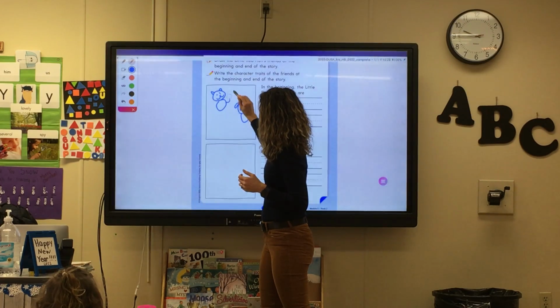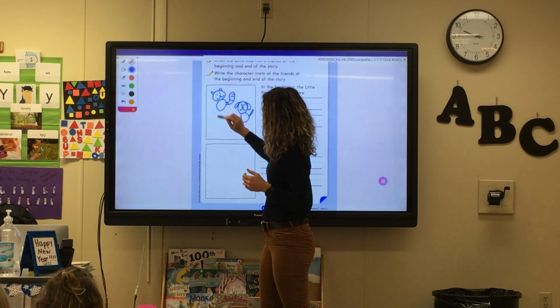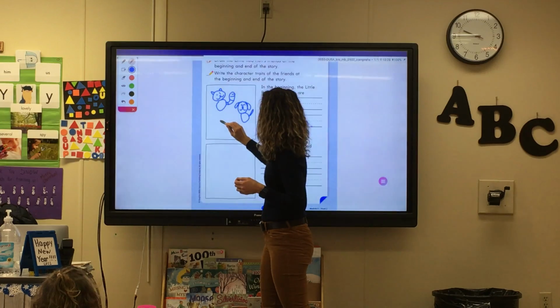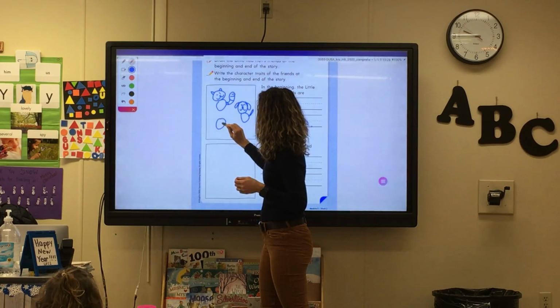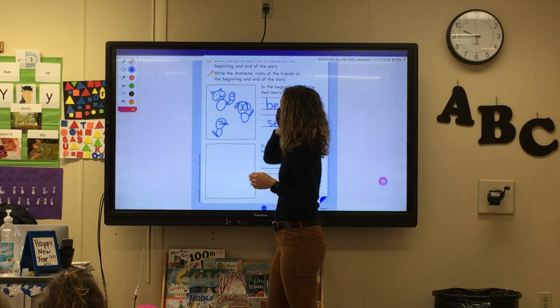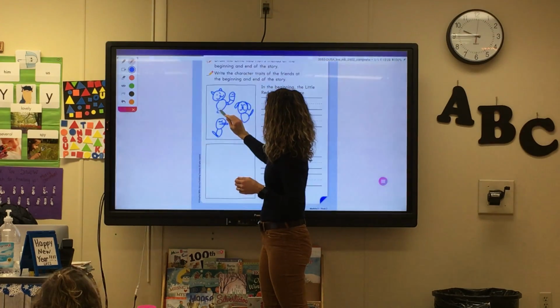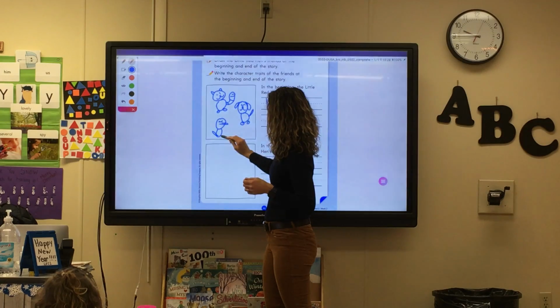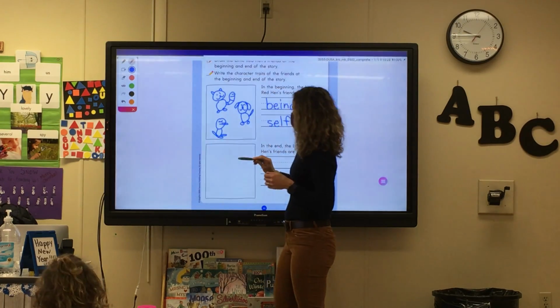We've got the cat. And then we have the duck. Oh, sorry, I'm trying to draw his eyes. The duck. Okay, and draw some little feet maybe too. All right, we've got the duck.